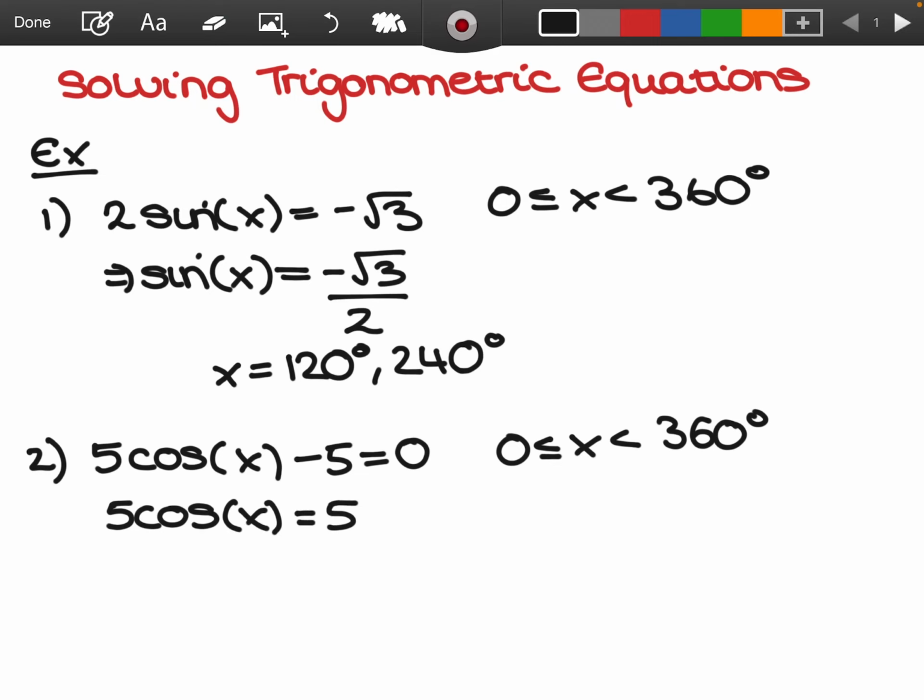I'm going to simplify this by getting the trigonometric function on one side and all other values on the other. So I am looking at what angles give me an x-coordinate on the unit circle of 1. Well, there is only one angle where I have an x-coordinate of 1, and that is that x is equal to 0.